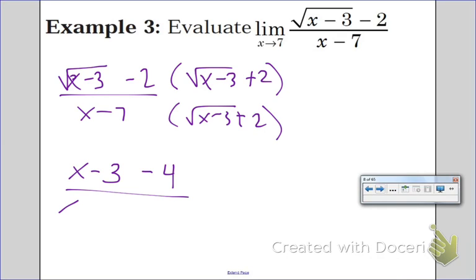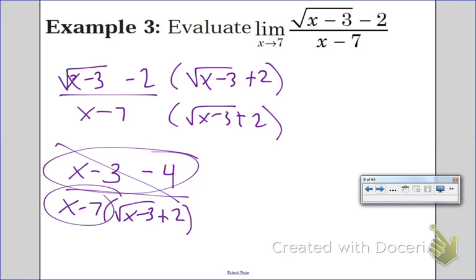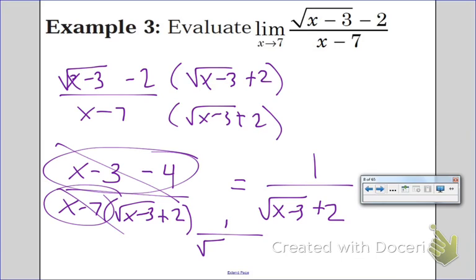On the bottom, you get x minus 7 times the square root of x minus 3 plus 2. So on the top, you get x minus 7. On the bottom, you get x minus 7. Those cancel. So this is 1 over the square root of x minus 3 plus 2. If you take the limit as x goes to 7, plugging 7 into the bottom now, you get 1 over the square root of 7 minus 3, which is 4, plus 2. So that's 1 over 2 plus 2, which is 1/4. Good.